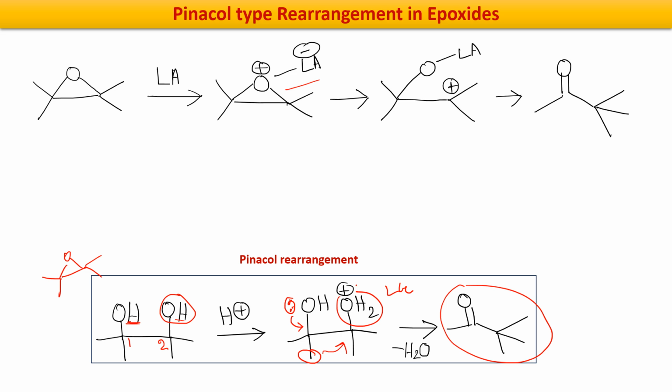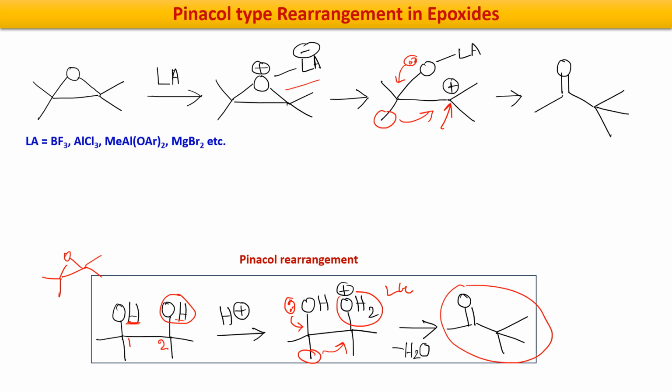Which side depends on where the carbocation is more stable, but here we have taken a symmetric molecule, so no problem. A carbocation is generated, and finally the lone pair will push one of these groups and it will migrate here. So finally you will get this type of ketone.